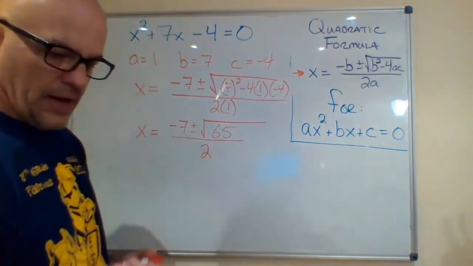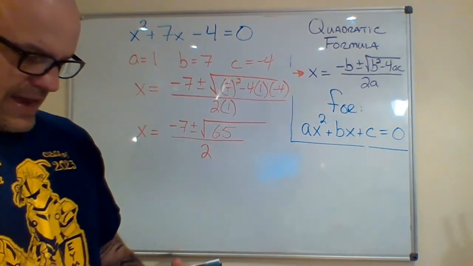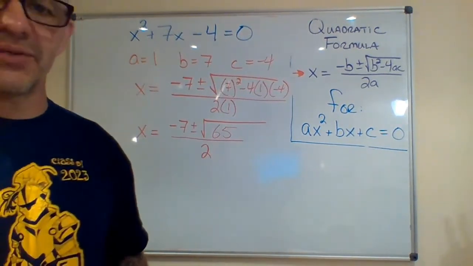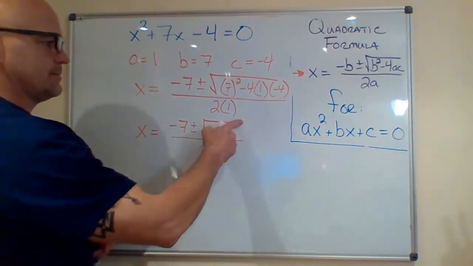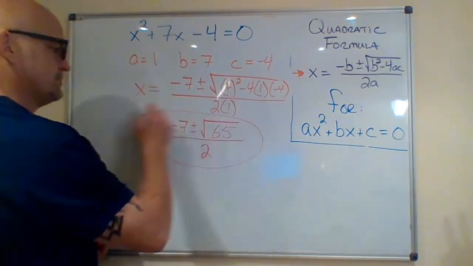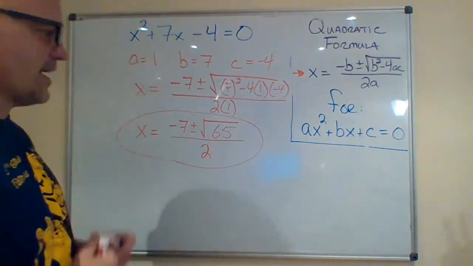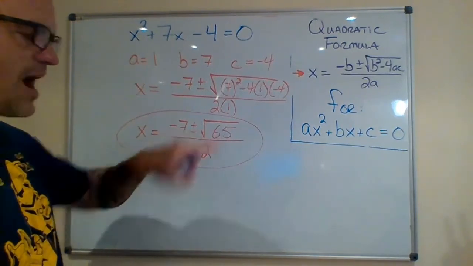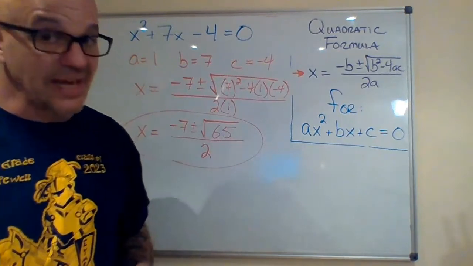Now at this point, I'm looking at the square root of 65. If you have your TI-80, you can punch that in. Of course, 65 has no perfect square factors, so it's going to stay that way. So guess what? That's simplified. Those are your two values that make that work: -7 plus root 65 over 2, and -7 minus root 65 over 2. Simple enough. It's that easy.